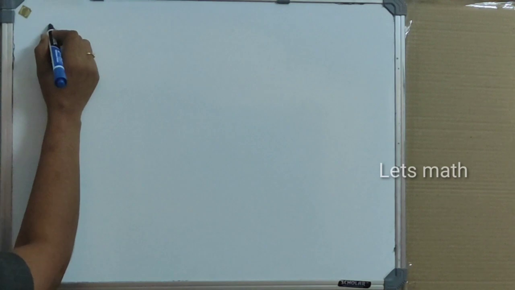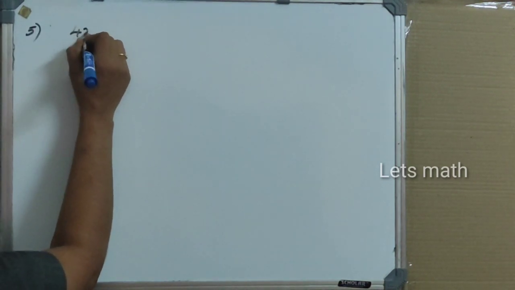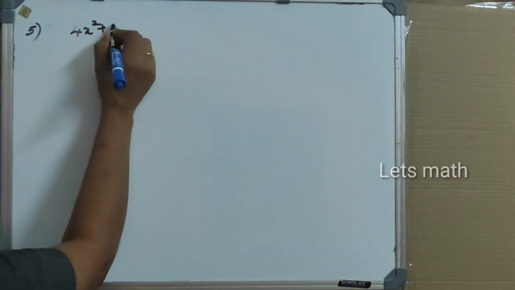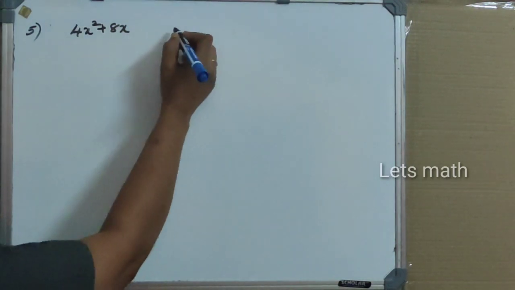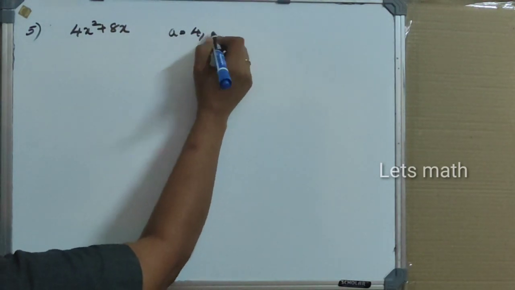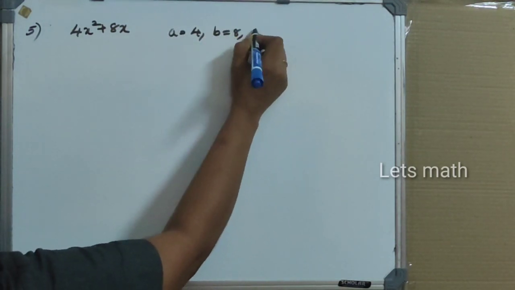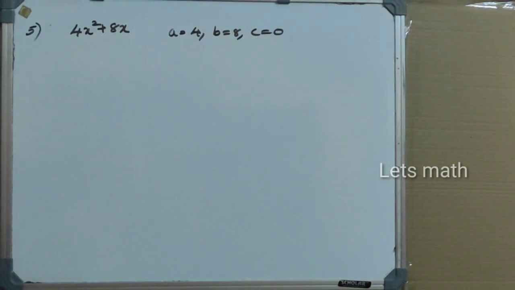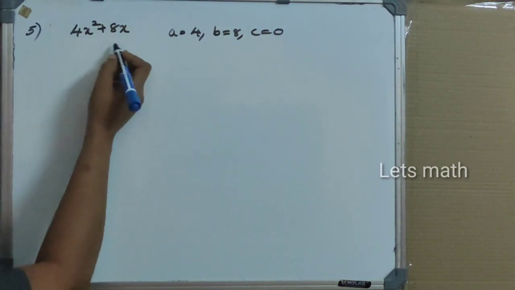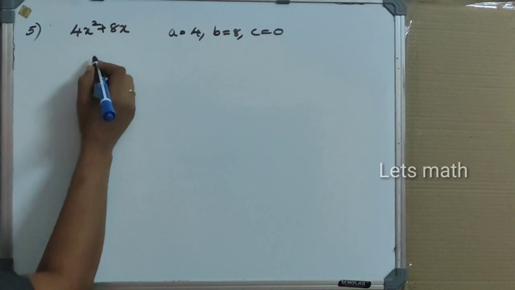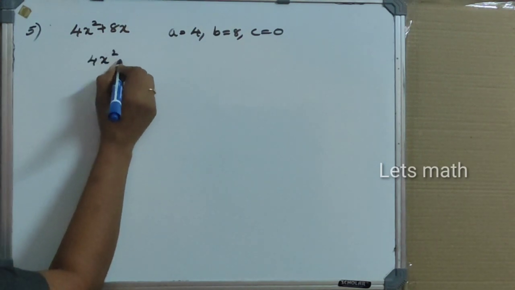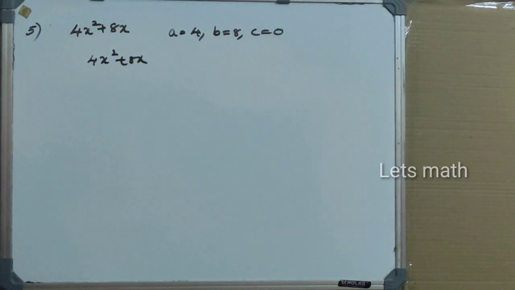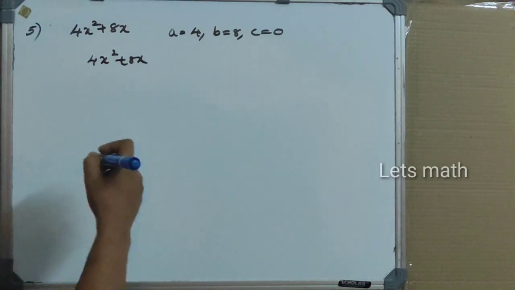The next polynomial is 4x square plus 8x. Here a equal to 4, b equal to 8 and c equal to 0. Now we factorize this polynomial, 4x square plus 8x. Here also there is no need of splitting up the middle term.